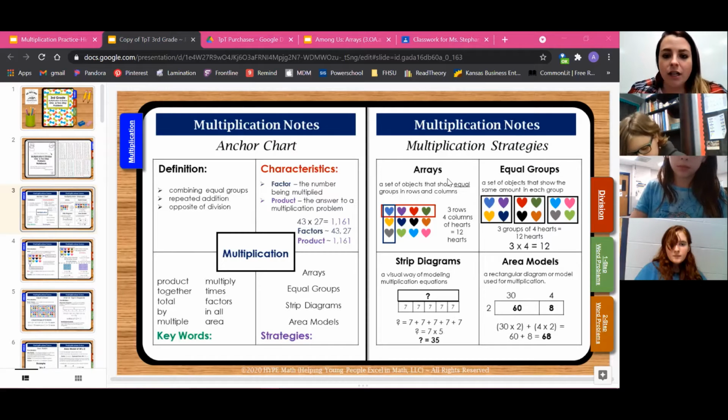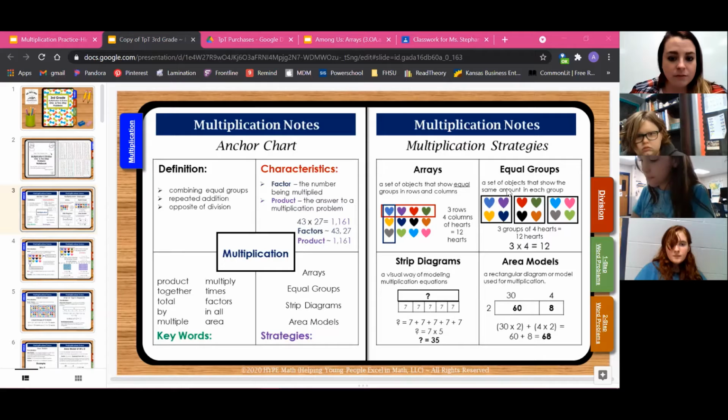Oh, my screen glitched. Are you able to see it now? Okay, Taylor's almost done. Let me know when you girls are done writing that down. I'm done, Mrs. Stevens. Okay, Taylor's done. Katie, are you done?